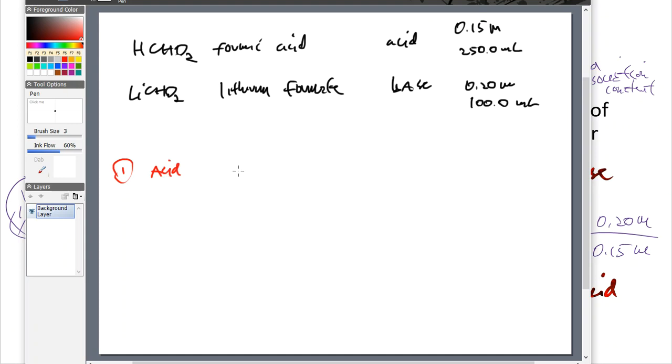So it looks like I have taken my initial concentration, 0.15 molarity, and I have taken 250 milliliters of that. That is CV equals, well, I want to know what is my new concentration after this is over with. And that new concentration will have a total volume of 350 mils.